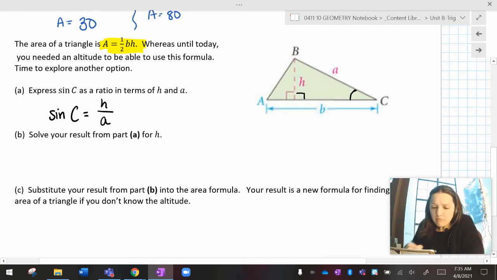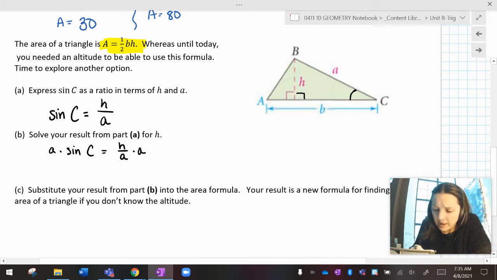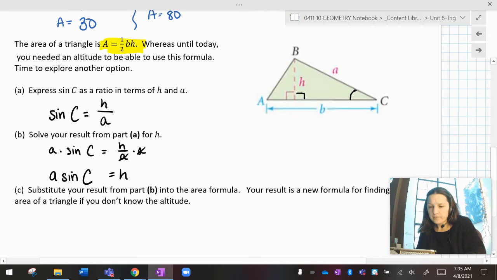Okay. Then it says solve your result from part A for H. All right, so that means solve for H means get H alone. So I'm going to multiply both sides by A so that I can get the H alone. And H equals A sine C. And then it says substitute your result for part B into the area formula.